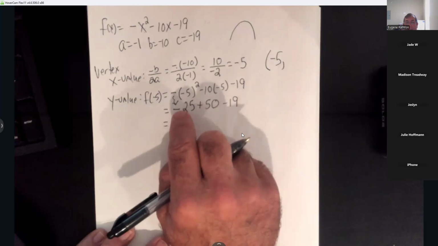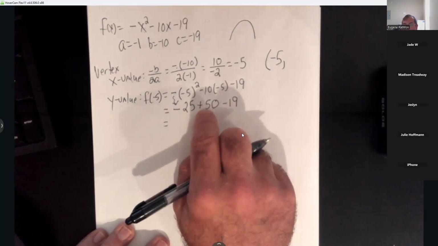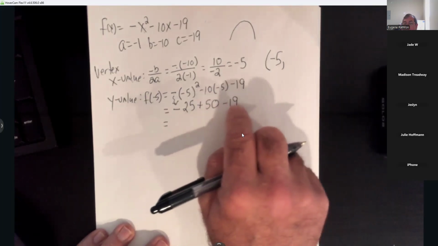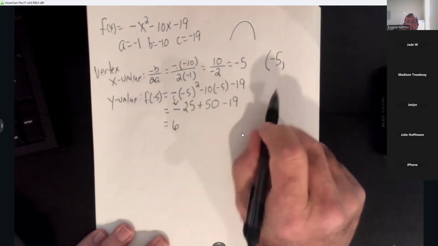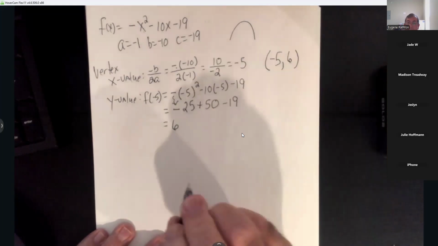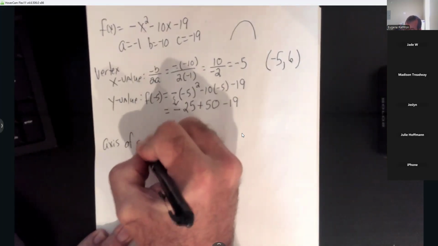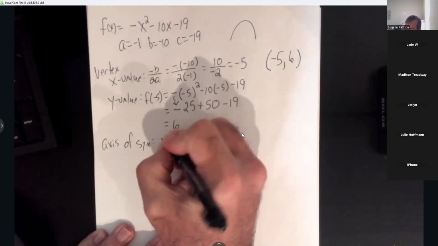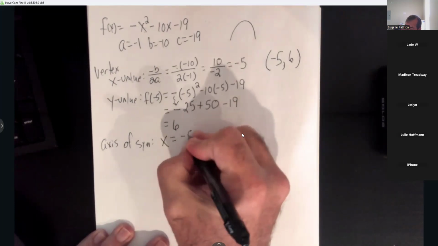All right, let's see what we get. -25 plus 50 is 25. 25 minus 19 is 6. So our vertex is going to be -5, 6, which means my axis of symmetry is going to be x equals the x value of -5.